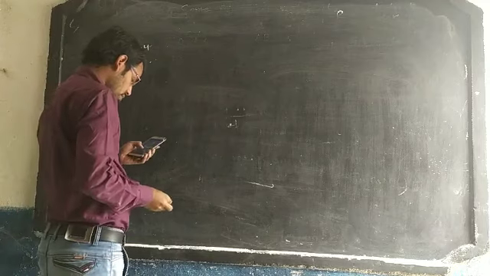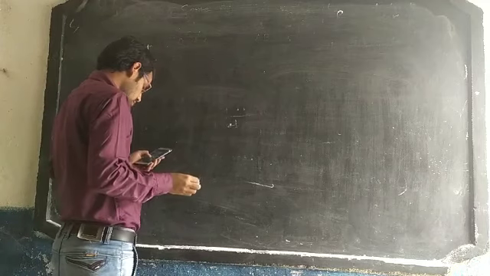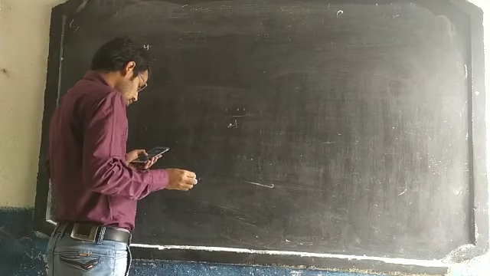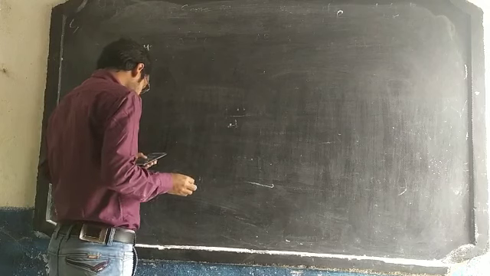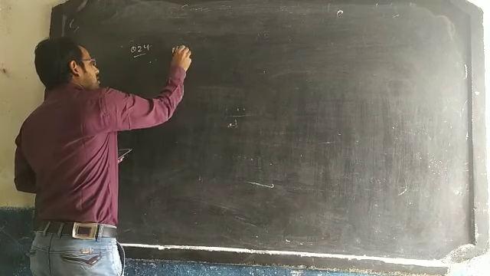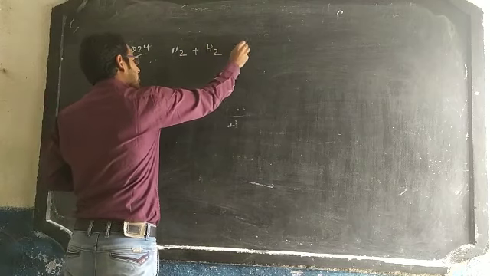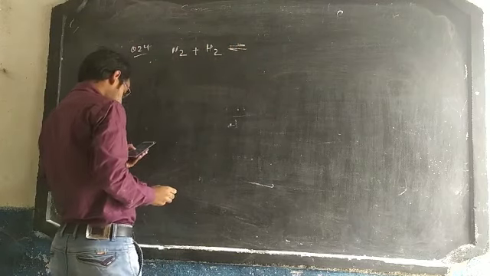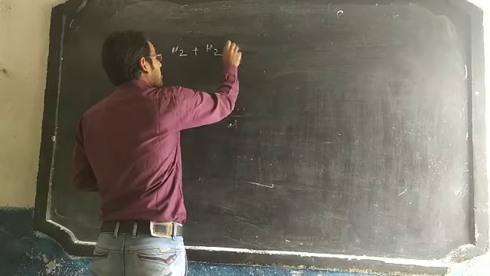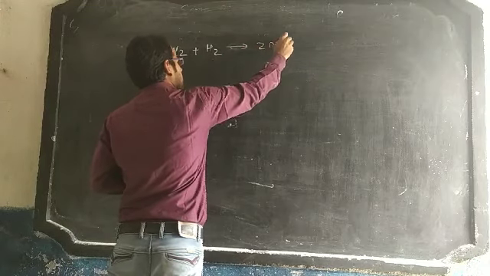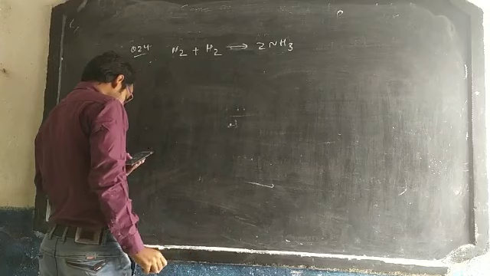Dinitrogen and dihydrogen react with each other to produce ammonia according to the following equation: N2 plus 3H2 gives 2NH3, all gases.